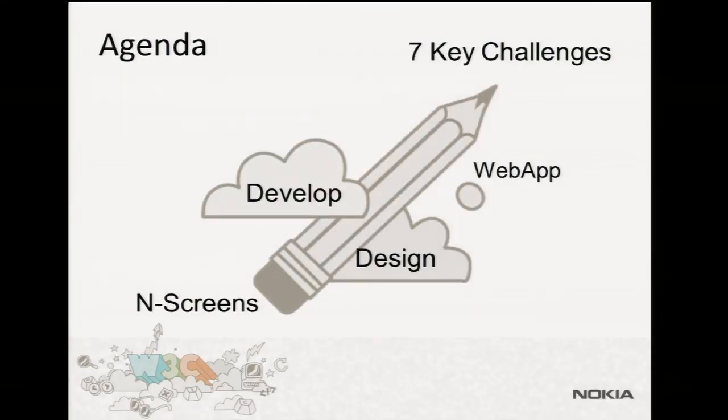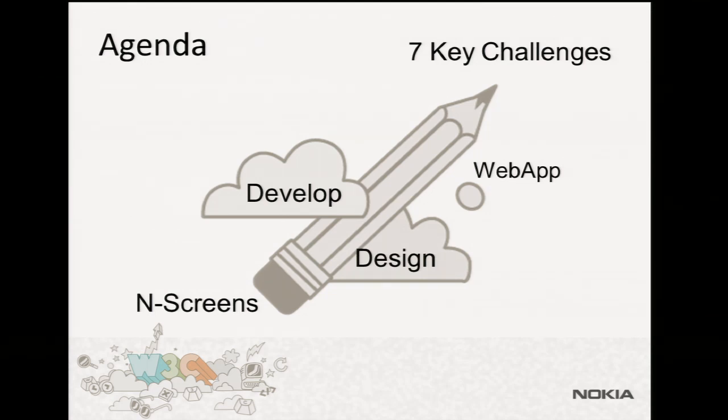This is my plan for the next 30 minutes. The first thing I'm going to do is talk about the end screens, the multiple connected devices I'm talking about. Then I'll go into the design challenges, which are basically the contextual problems you face when you try to develop an app for multiple devices.